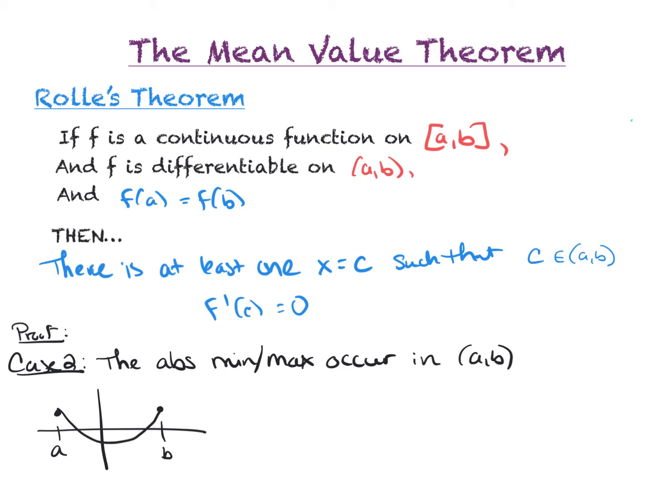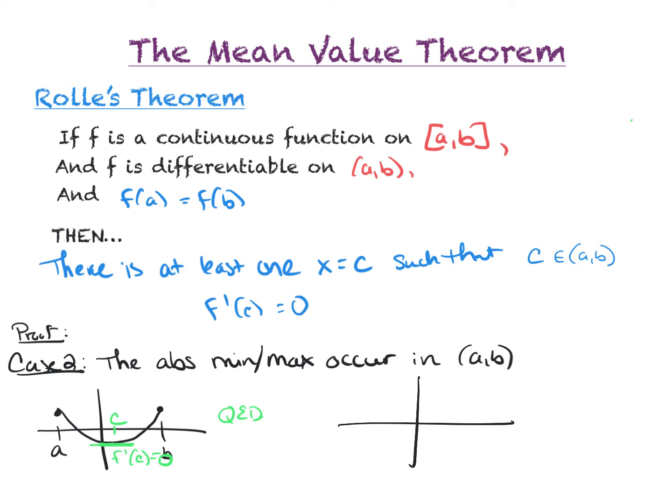There is at least one c value, looks like maybe right about here, at x equals c, where the slope of the tangent line, or the derivative at c, is equal to 0. So Rolle's theorem is satisfied. QED.